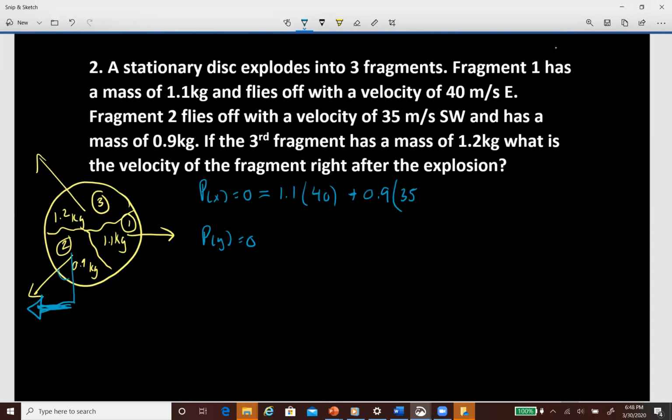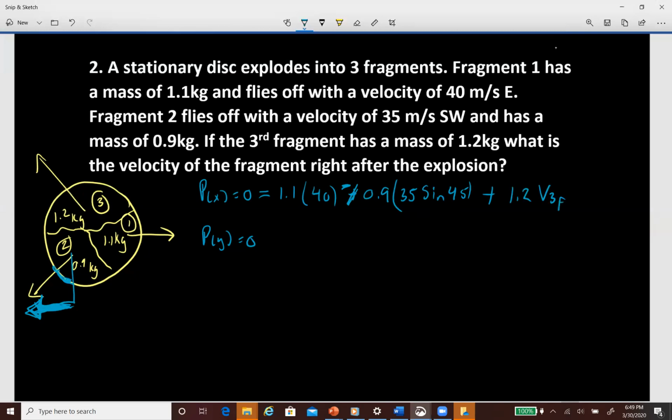Let's say that's the angle, 45 degrees, it doesn't really matter, but we want this component, so we say times sine 45. But which way is that pointing? It's pointing this way, so this is not going to be positive. It's actually going to be negative, because it's going the opposite way. Plus fragment 3, which is 1.2 times its unknown velocity.